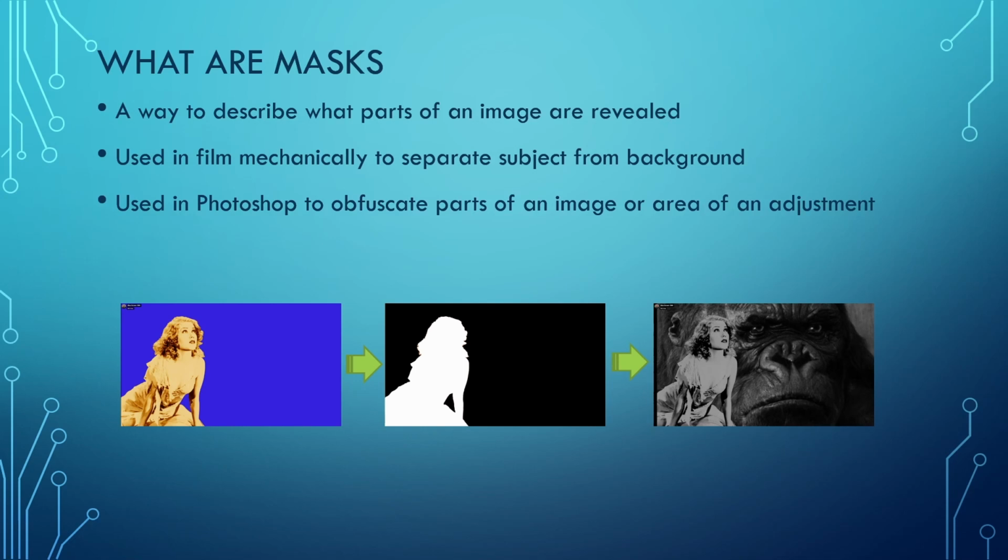In something like Photoshop, a mask can be used to, one, obfuscate parts of an image, just like you saw in this composite from King Kong, or it can take an adjustment layer and decide what parts of the image the adjustment layer is going to be applied to, by doing the same kind of reveal and conceal.